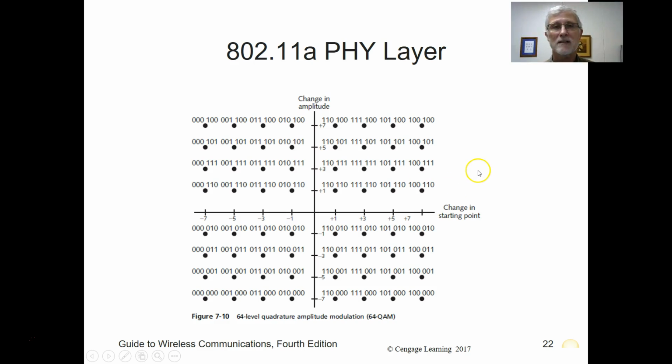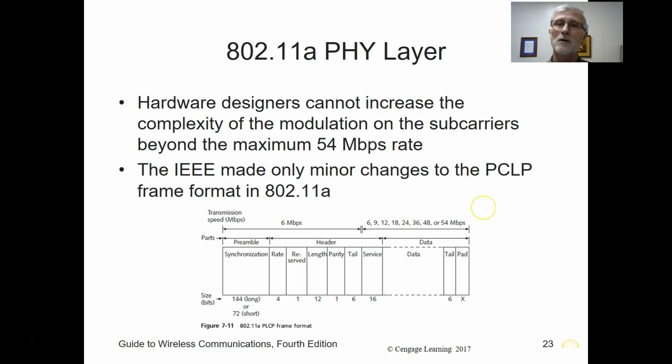And it gets really crazy when you get into 64, but it basically says I'm changing the amplitude, I'm changing the starting points, I'm using frequency to modulate. So it allowed me to increase the speed and how much data was being sent just by the modulation characteristics. So I got well beyond the 54 megabit data range that was the limitation of B and G.